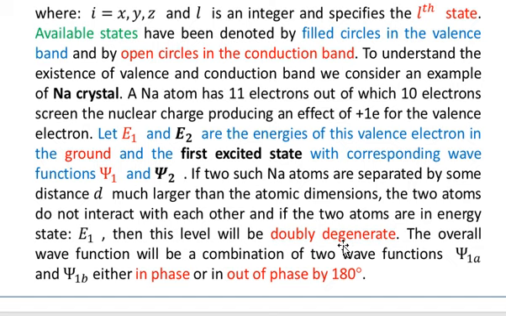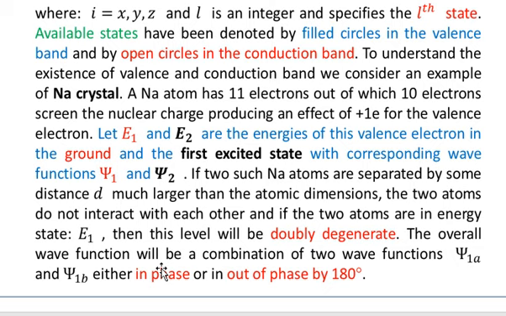Then each atom is in the energy state E1. So the two atoms, each of them is in energy state E1. This is what we mean when we say that the level E1 is doubly degenerate. That is, we have two levels, E1 two times, with the same energy. So we can say that the level E1 is doubly degenerate. That is, the two particles have the same energy.